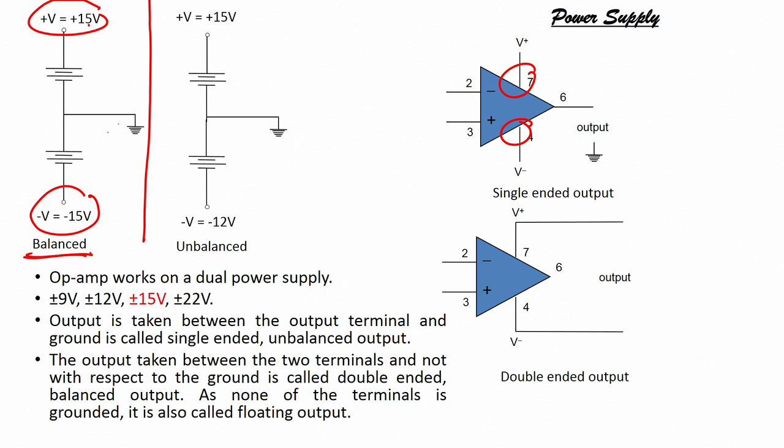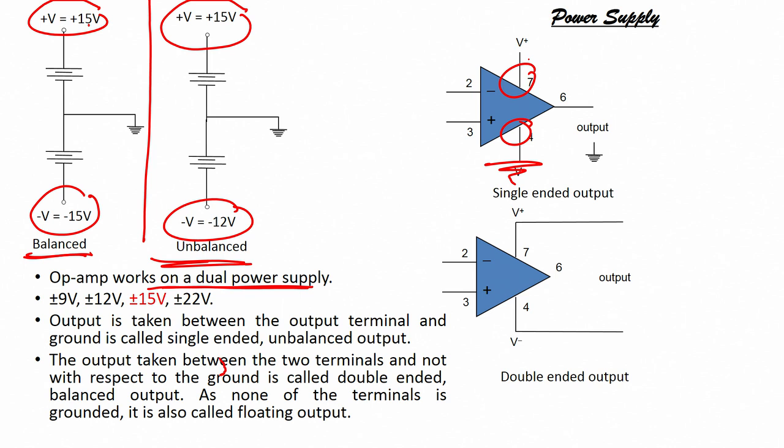But in some cases we also apply plus 15 volts and minus 12 volts, and that will be my unbalanced power supply. So, op amp works on a dual power supply, but sometimes one terminal can be grounded like this and only one terminal has some voltage applied. But anyway, in general op amp works on dual power supply.